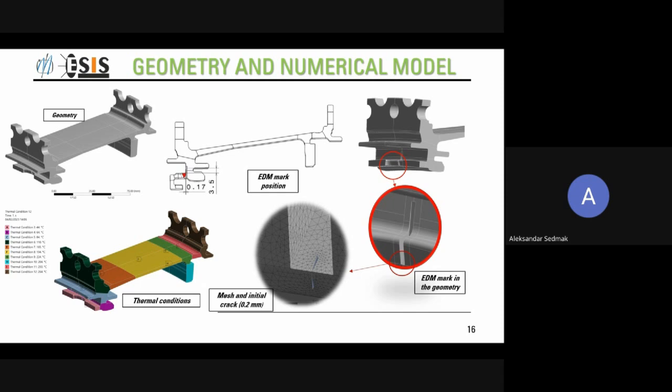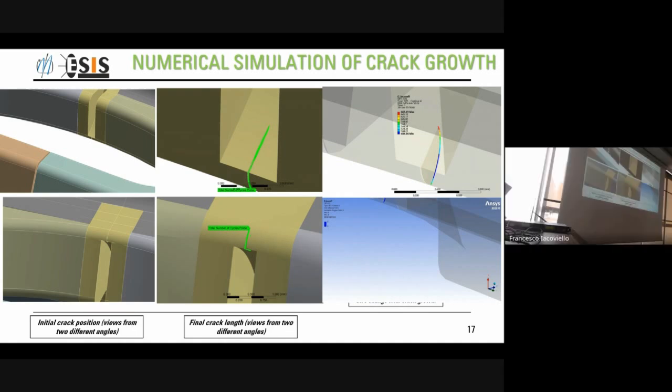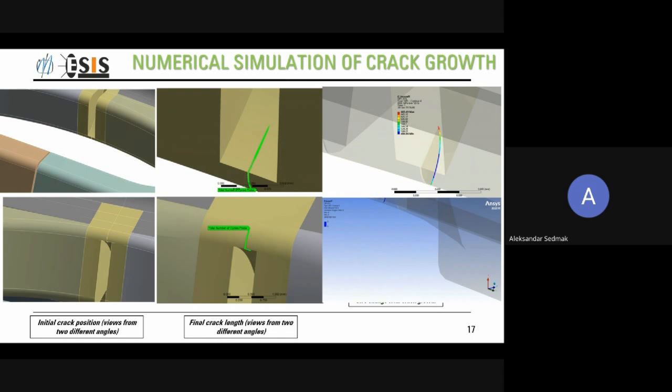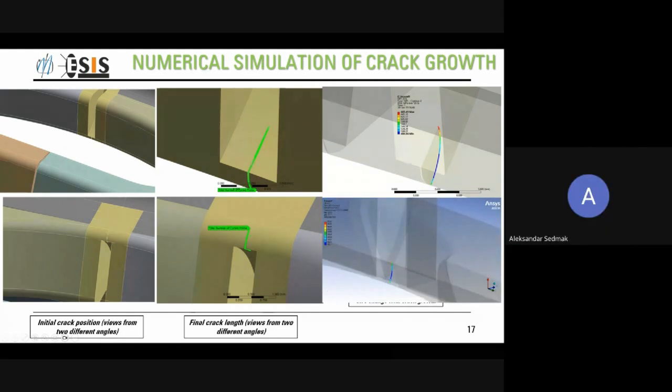Next one. You can see now here how the crack was modeled with a notch and an initial crack of 0.1 millimeter. And if you click on the bottom right, you can see how it advanced, and that was about the same as in the real component.